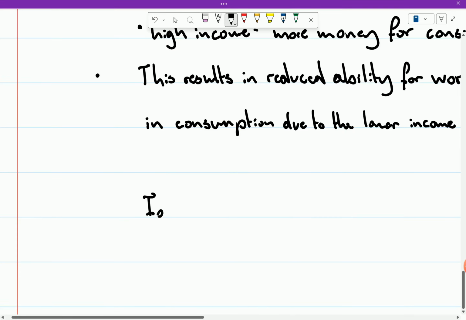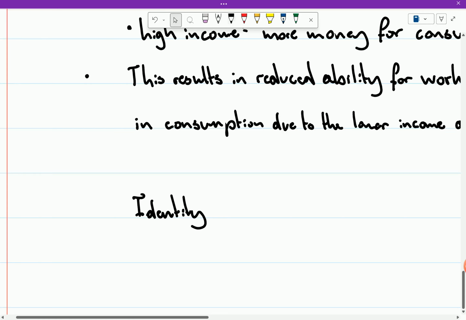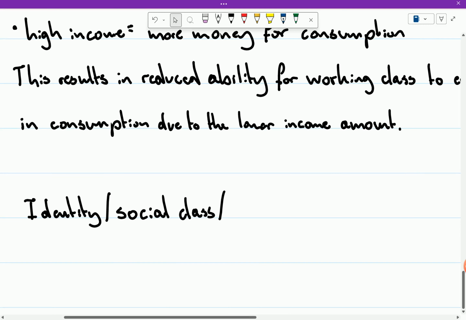So identity here is to change it here. So social class and then consumption.